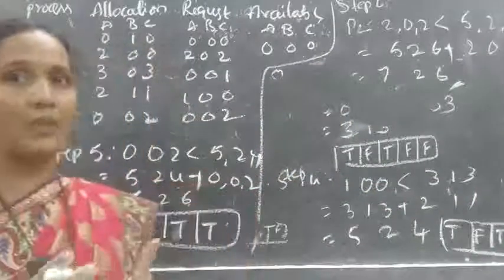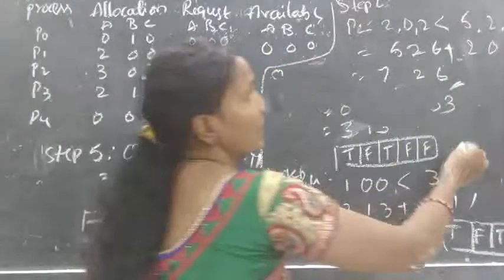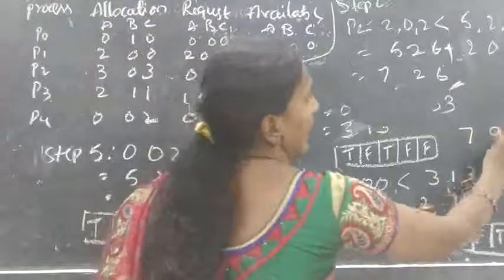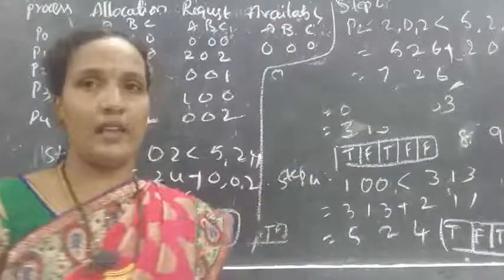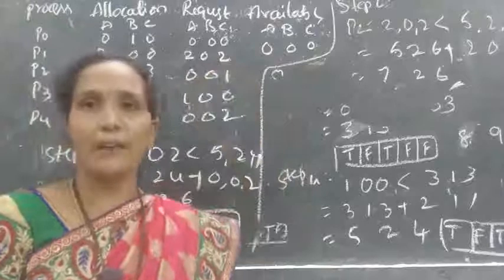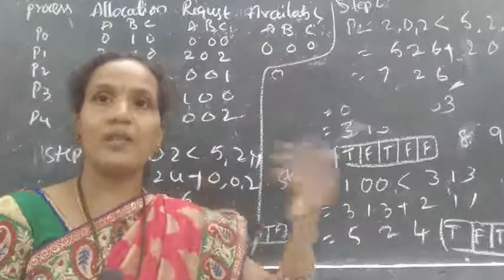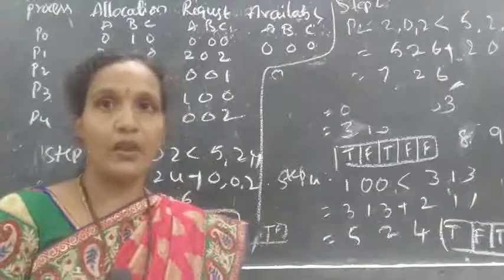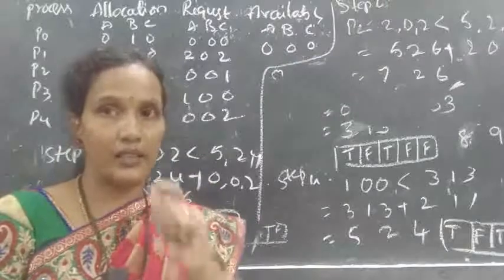Understood? Again, for example, if P2 is requesting something like 7, 9, 10 or 8, 9, 10, in that case deadlock happens because P2 does not complete execution. If even one process does not complete execution, the system may lead to a deadlock, because Finish of i equals false. In the fourth step, that is when I said there is a deadlock.